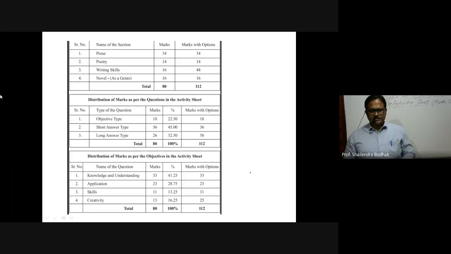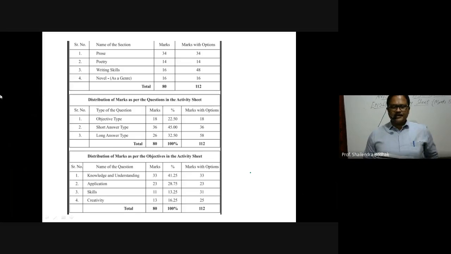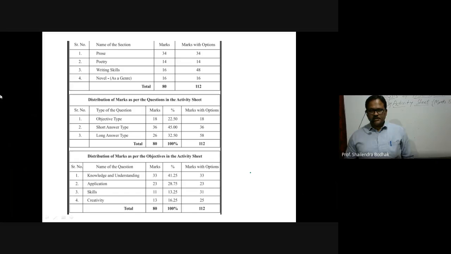So if you look at the prose section, lesson 1.5, The New Dress, has been omitted, means that will not be there for your examination. Then 1.7, Why We Travel, that lesson has also been omitted.